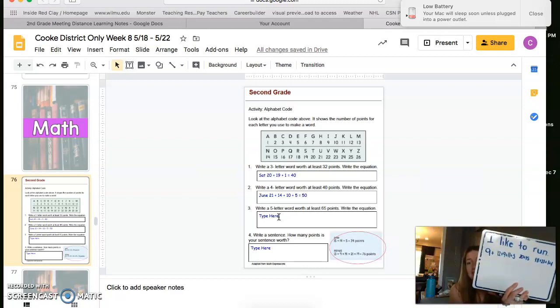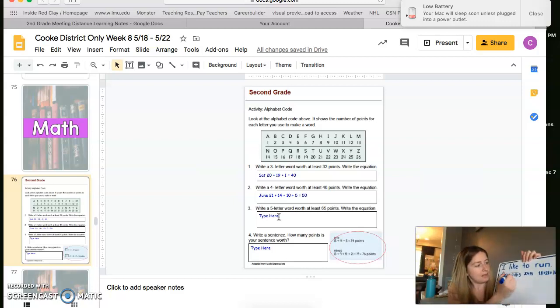So here's my sentence, and that's a lot of numbers. So how I'm going to do it is I'm going to break it up by word. So I'm just going to add these together and then add it all up. So I have 9 plus 1 equals 10, plus 5 more is 15, 16, 17.